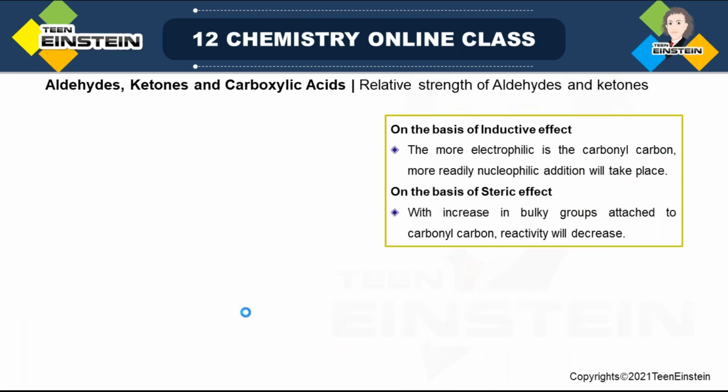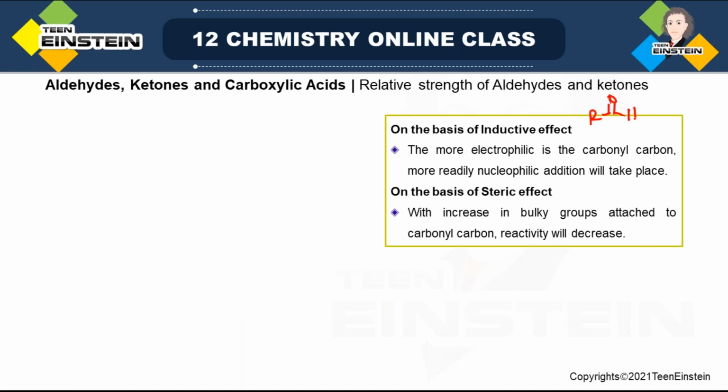Now, before going to examples of nucleophilic addition, one thing you have to understand is the relative strength of aldehyde and ketones, that is, the relative strength of the carbonyl carbon. Now, you can consider this from two points of view. The first is inductive effect. So consider the inductive effect of the R groups present in aldehyde or ketone.